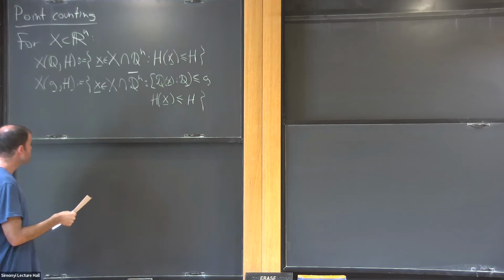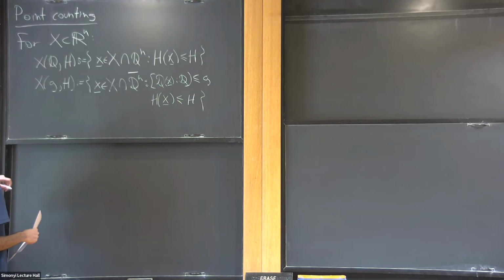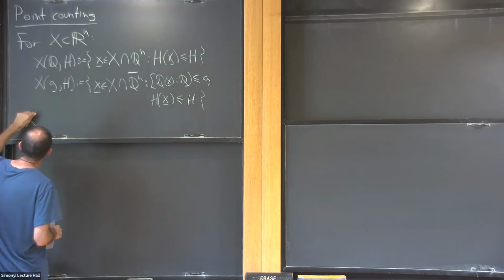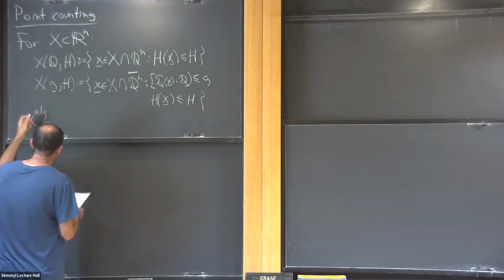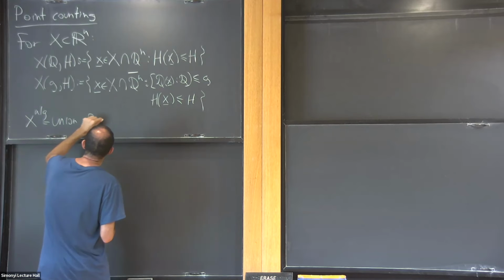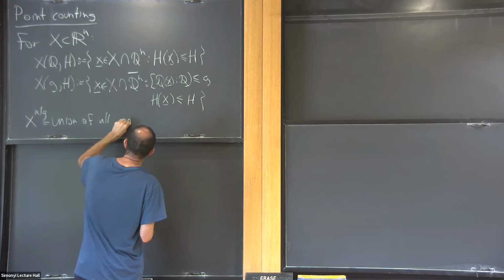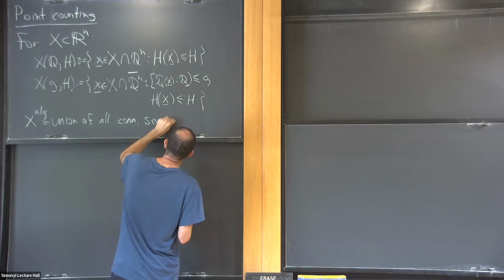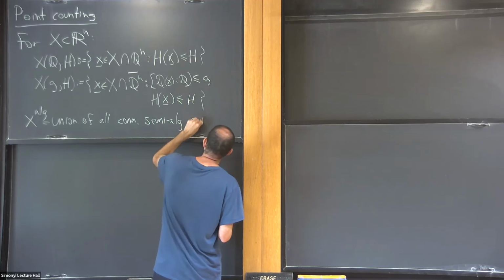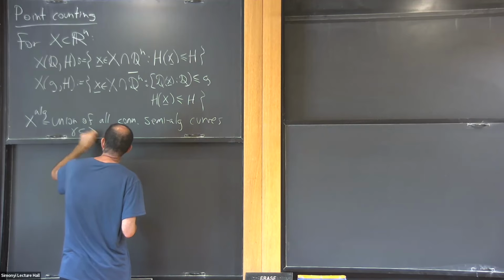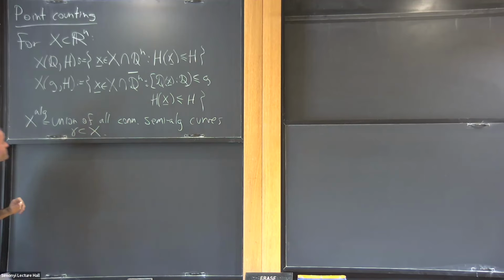I wanted to make one more notation, which is the algebraic part. The algebraic part X alg is going to be the union of all connected semi-algebraic curves gamma inside X. I wrote curves here.